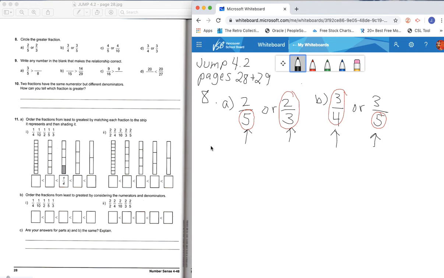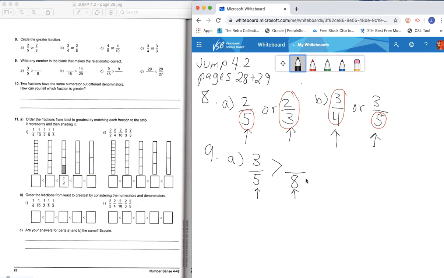All right, 9A. Write any number in the blank that makes the relationship correct. So we have 3/5 is greater than something over 8. Okay, so you can see that 8 is the bigger number out of the two denominators.